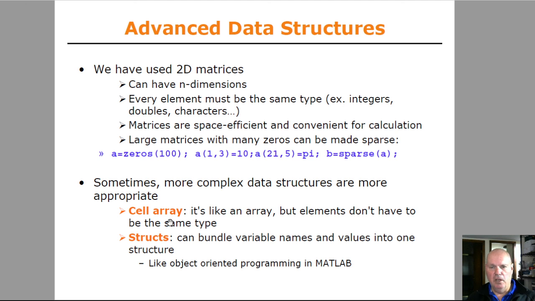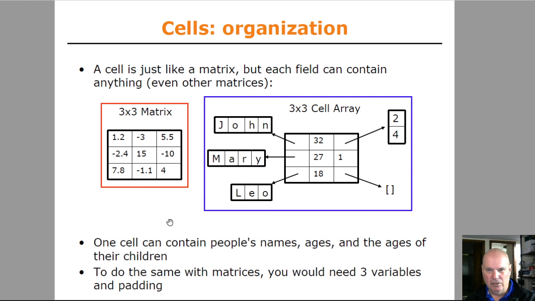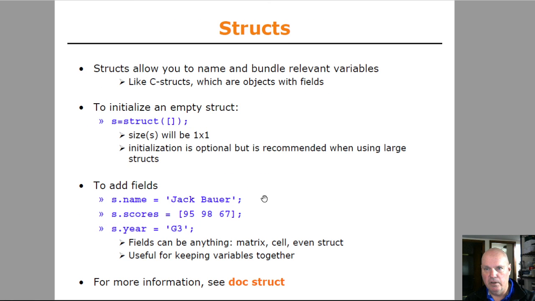A struct is similar, except that for a struct you have corresponding names for each of the elements. I'll show just a quick example. So this is looking at cell arrays first. Here's a 3 by 3 matrix. Here's a 3 by 3 cell array where we can store names, numbers, or even vectors, or the empty matrix.